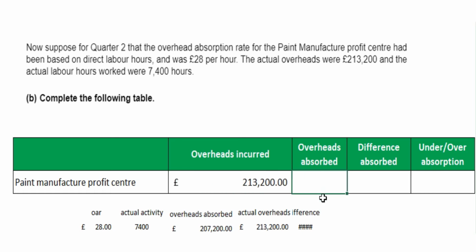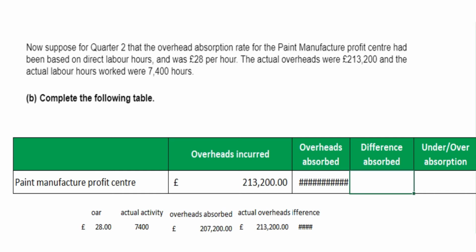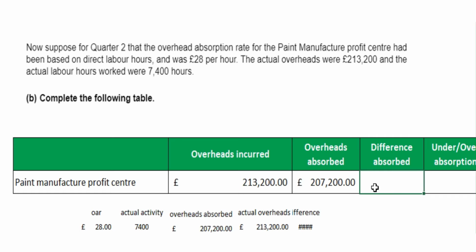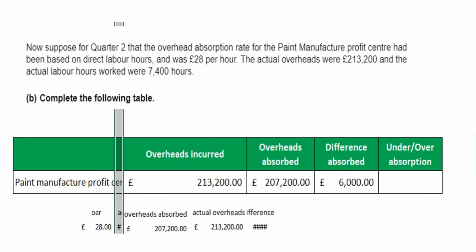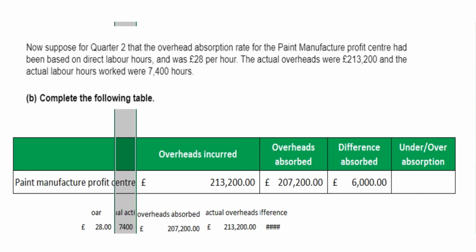Overheads absorbed was 207,200. The difference was 6,000, and it was an under absorption because the overheads absorbed were less than the overheads incurred.